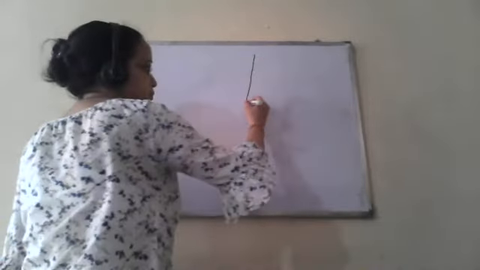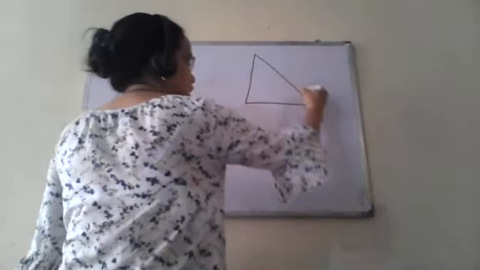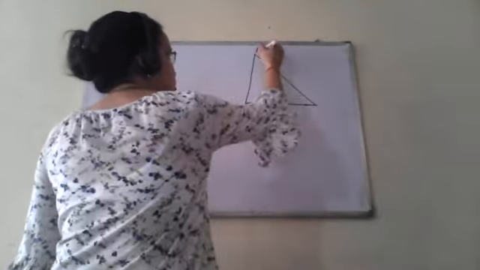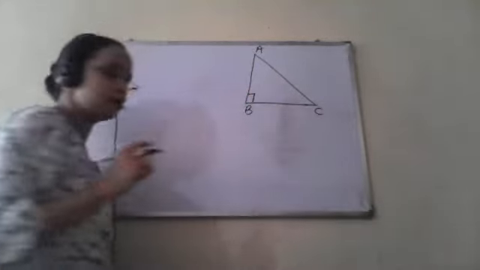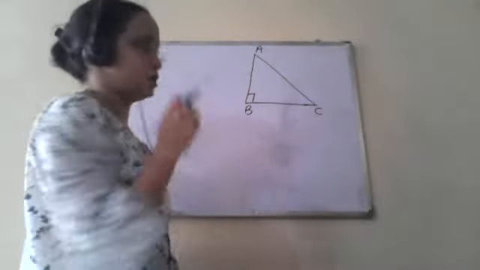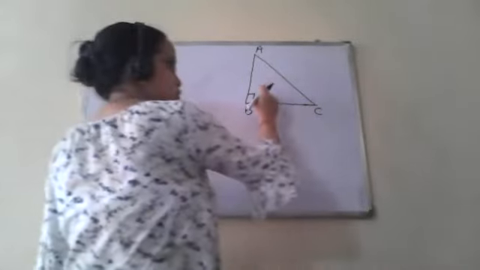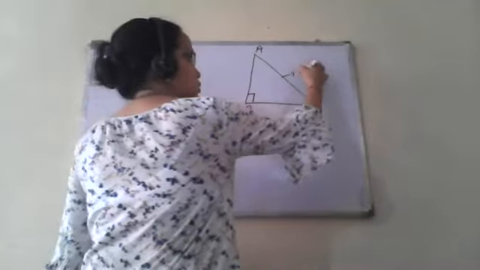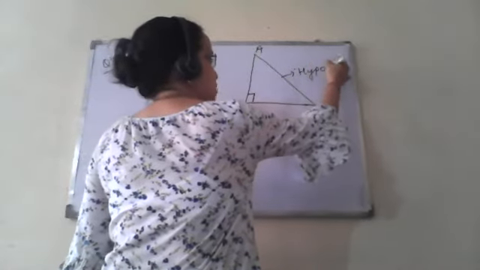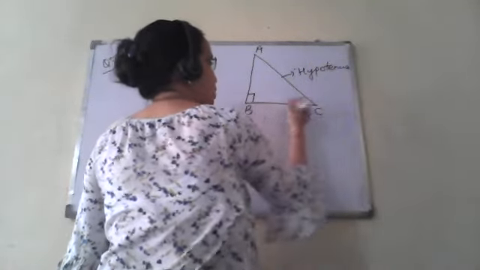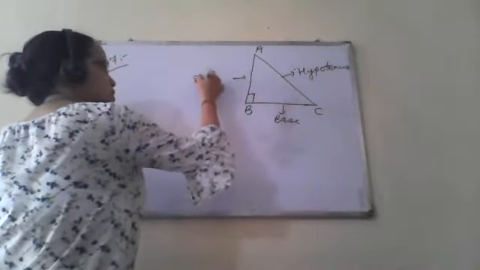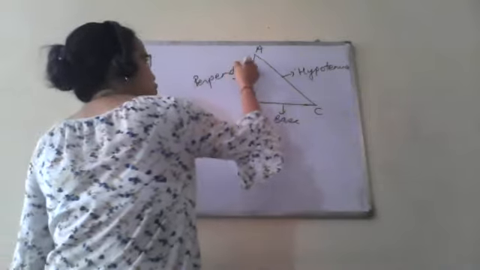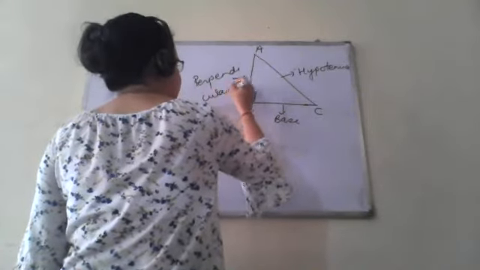So we have a right-angled triangle, A, B, C, and B is the right angle, means it is of 90 degrees. I have told you the side opposite to this angle is hypotenuse. As I have explained in the previous video, this AC is hypotenuse, this BC is base, and this AB is perpendicular.